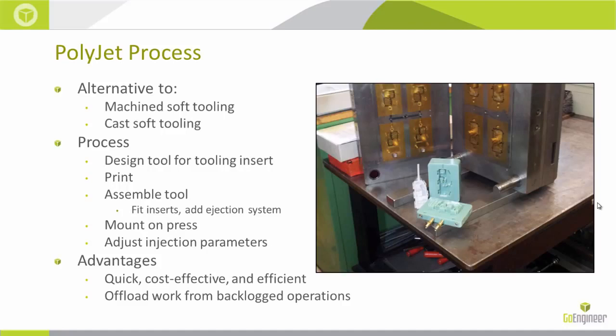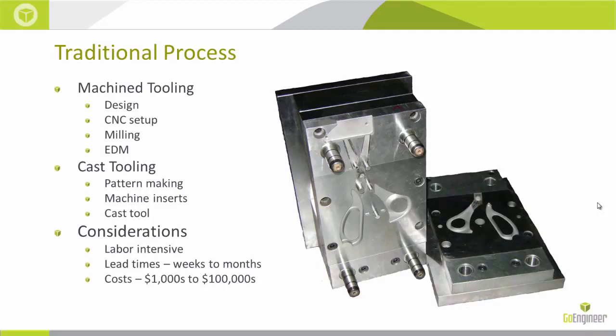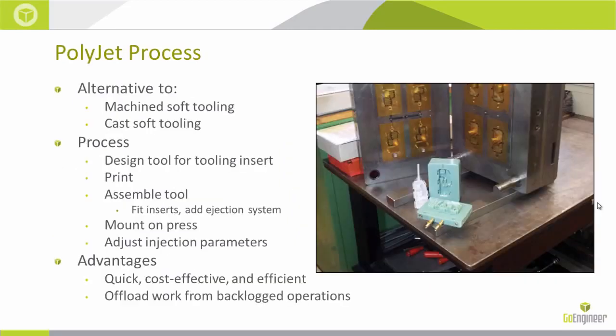In the previous image with the scissors, the handles are cut directly into the mold base. In this situation here, where we've got the printed inserts, the outside or the housing of the mold tool is still machined, but that's a very easy, very efficient way to create that part because it's very prismatic.